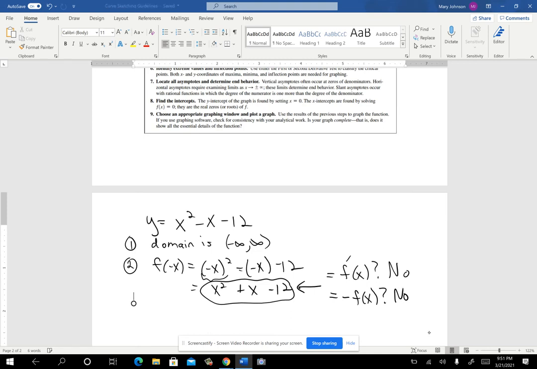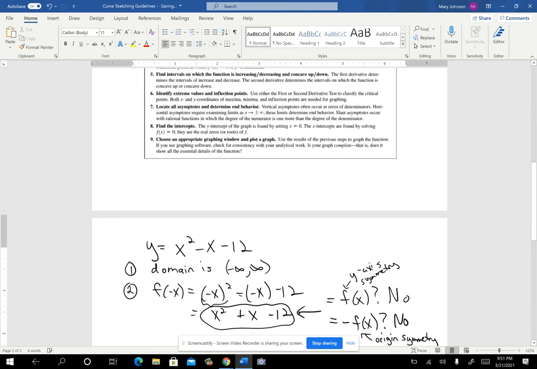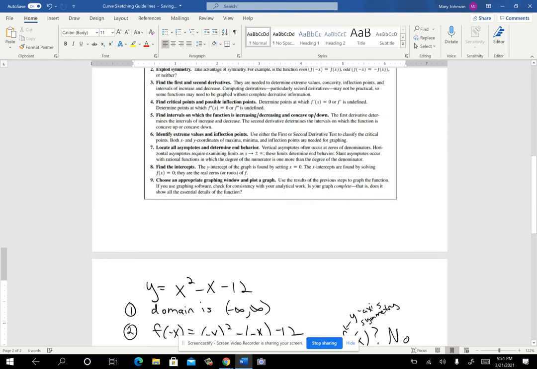This would be y-axis symmetry, symmetric about the y-axis. And this would be origin symmetry if this happened, symmetric about the origin. So it has neither of those. Okay, so it's really an easy thing to do, but you can get through this without doing that.